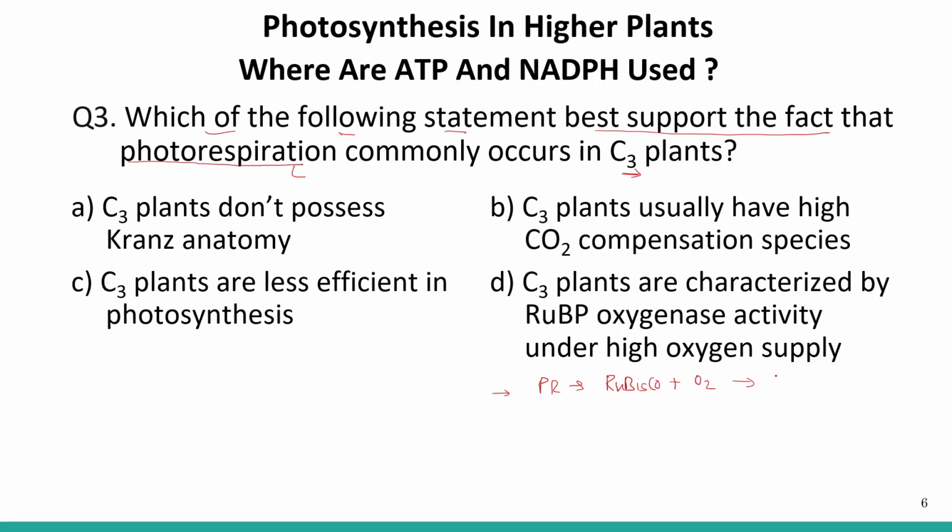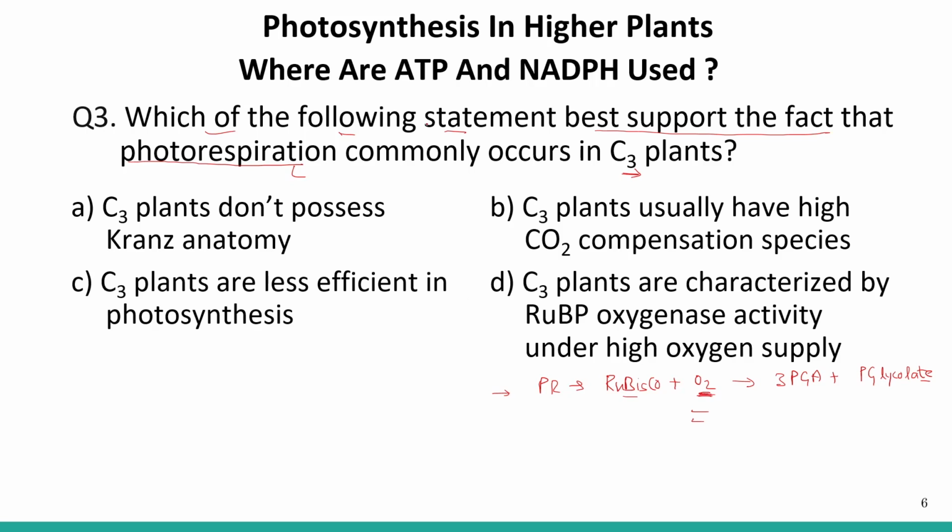Then what does it form? 1 molecule of 3-phosphoglyceric acid and 1 molecule of phosphoglycolate. Alright. During high oxygen conditions, or high oxygen to carbon dioxide ratio, or during very high light intensity, or during very high temperature, Rubisco combines with oxygen in C3 plants.